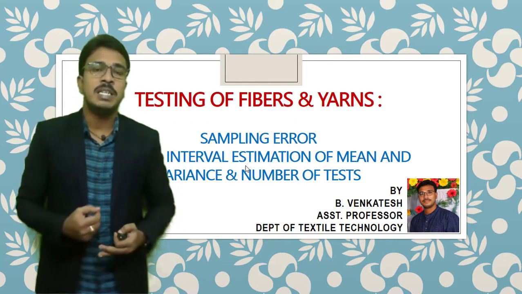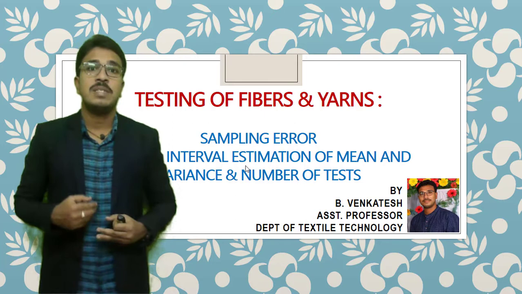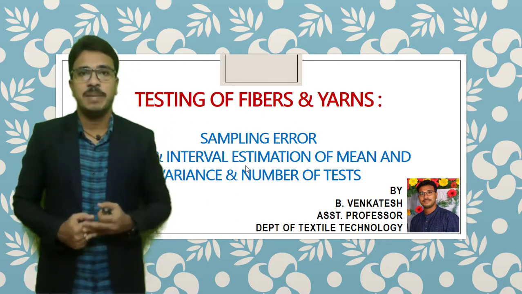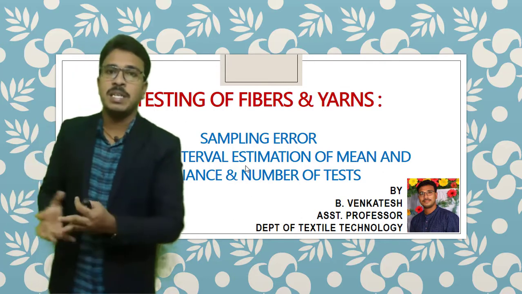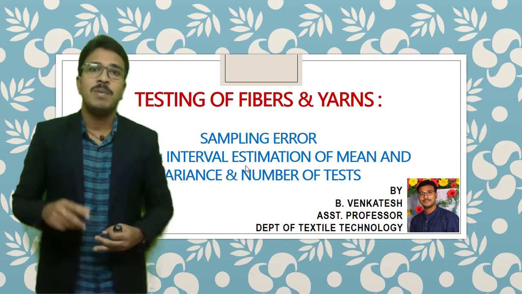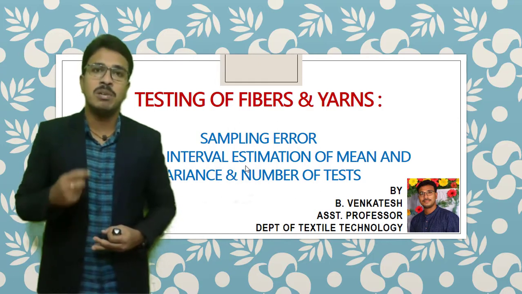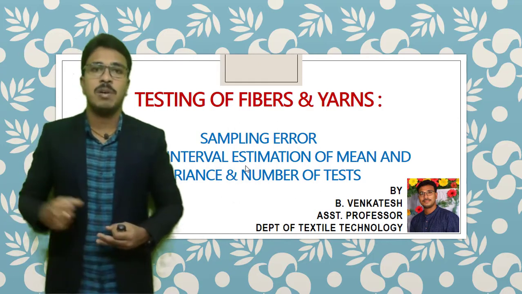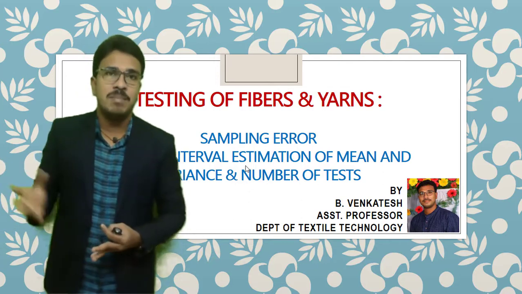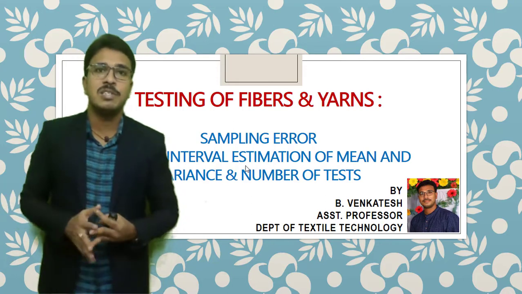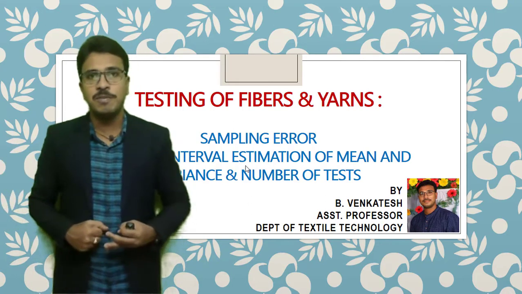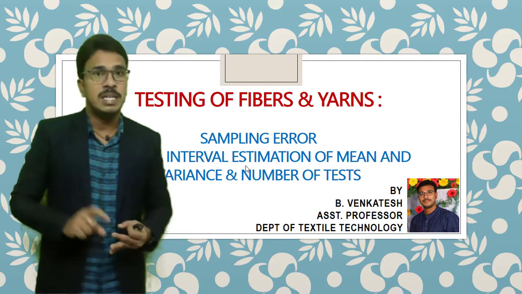When it comes to determination of sample size for testing, suppose you have, for example, 1000 kgs of yarn, and you want to know the quality of the yarn you have produced. It is not possible for you to test the entire 1000 kgs of yarn, is it right? You have to pick some sample from the 1000 kgs of yarn and test it.